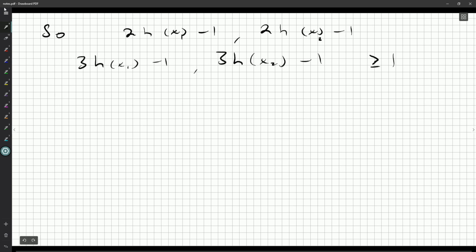So here's my point. Let's say L x1 of 2h of x1 minus 1 is equal to, sorry, 2x2.